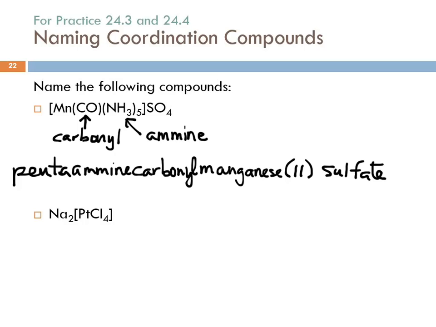That's backwards. So here the complex ion is the anion, right? We always name the cation first and then the anion. So it's sodium. But then the name of the ligand, it'll be tetrachloro, right?